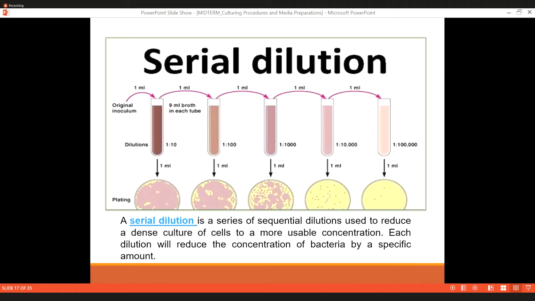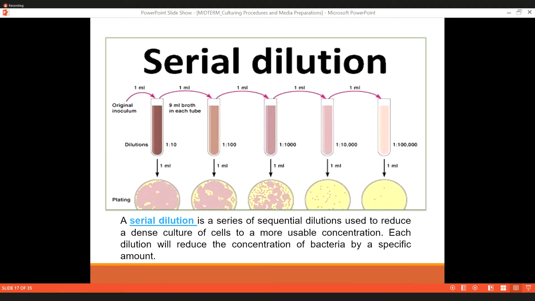So, in order for us to appreciate the number of microorganisms present in our test tubes with different concentrations of inoculum, we're going to do plating. We will pour it out onto the dish, then incubate.